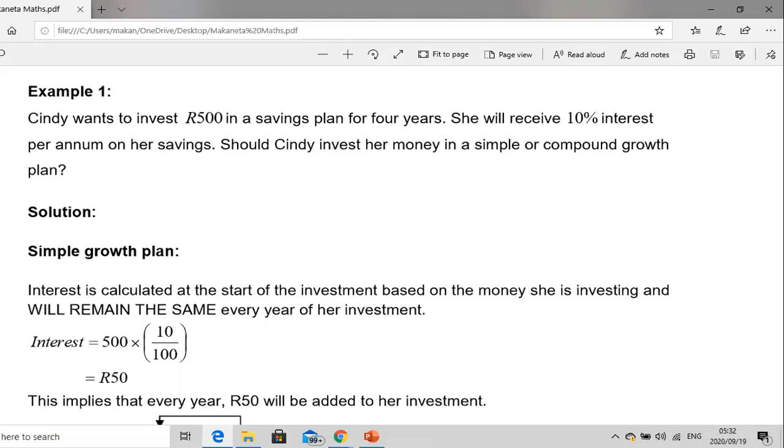Now, in this case, if we look at this investment of 500 rands, which is calculated at the start of the investment, you simply look at the simple interest. Simple interest simply means interest charged on the original amount. So the original amount is 500 rands. 10% of 500 rands is 50 rands.